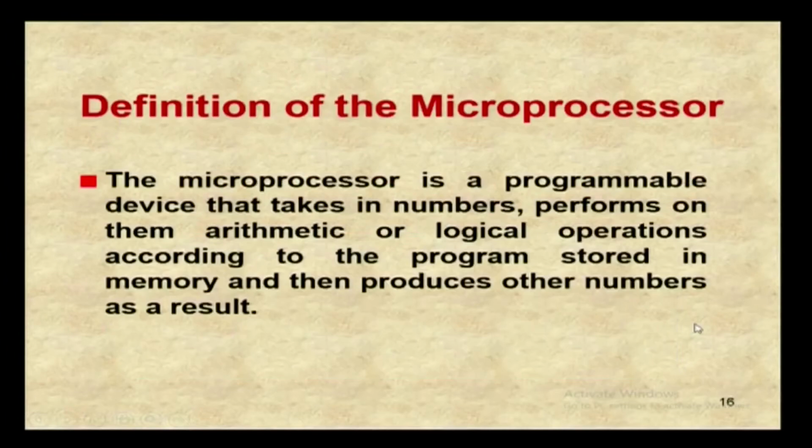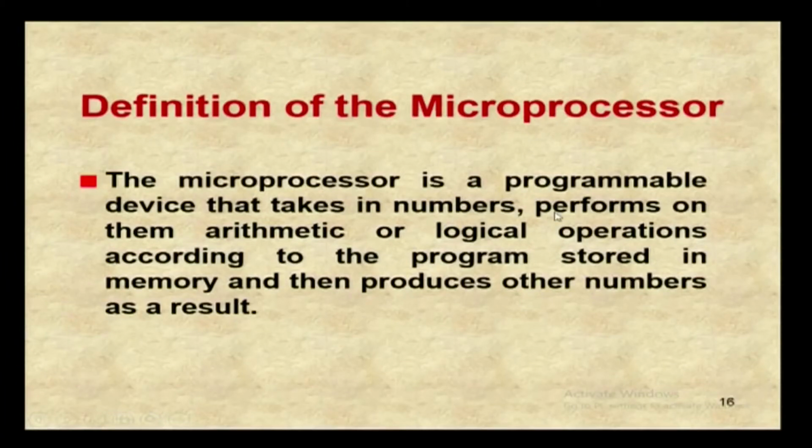Let us now have a formal definition of a microprocessor. I have explained what micro and processor mean. As you read here, a microprocessor is a programmable device. It can be programmed as per our requirement to perform the process in a particular way.